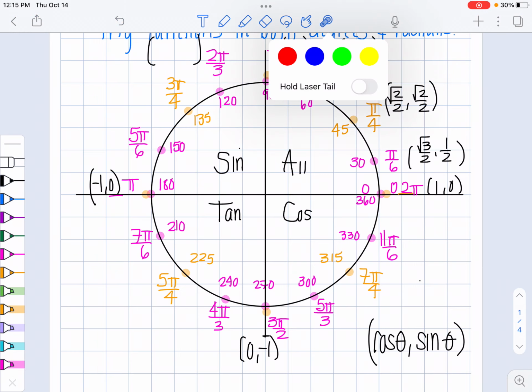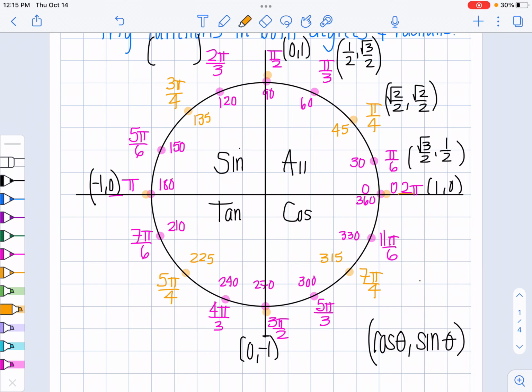I've also included in here this all sine, tangent, and cosine. I remember this as all students take calculus. That's how I learned it. Where the A stands for all, the S stands for sine, the T stands for tangent, and the C stands for cosine. And what does that tell you? That tells you what values are positive in your unit circle.